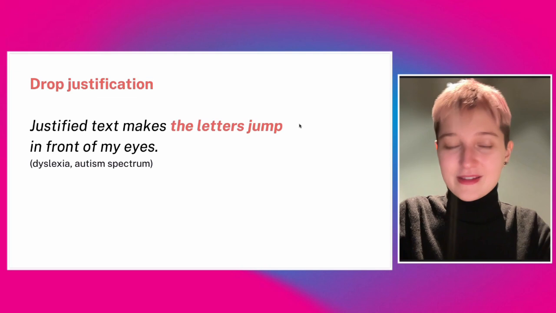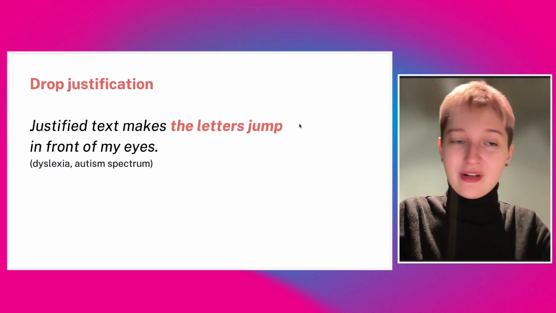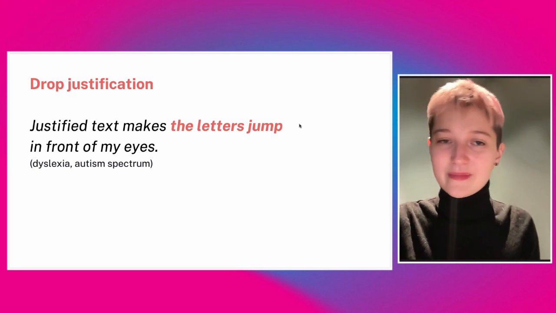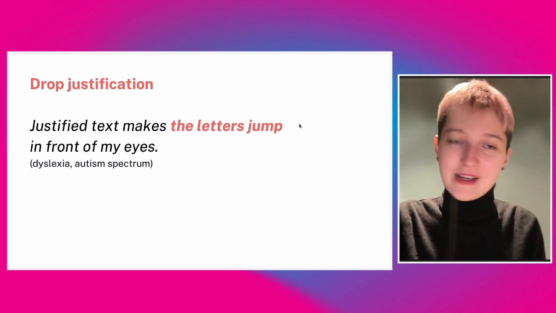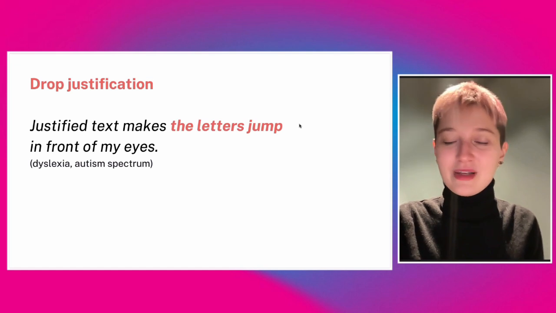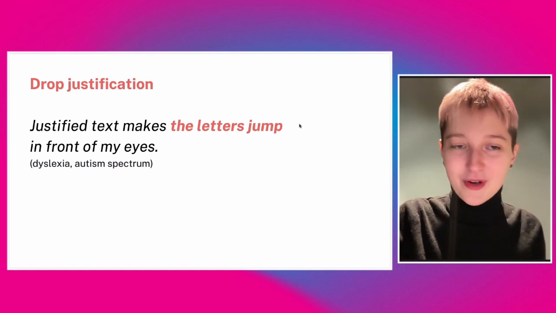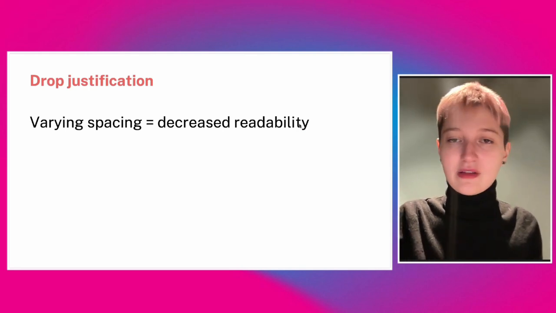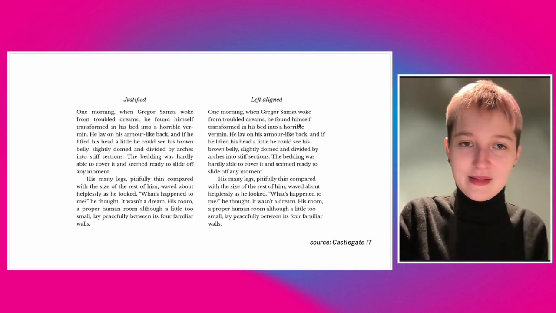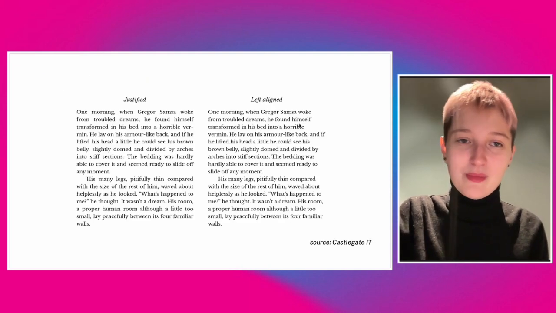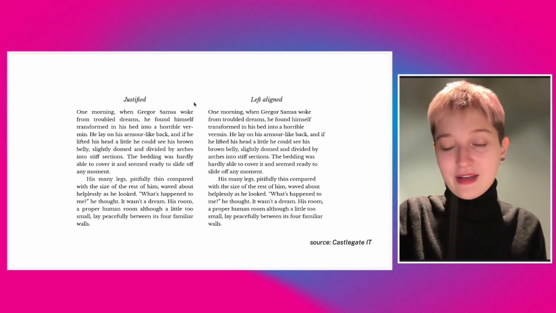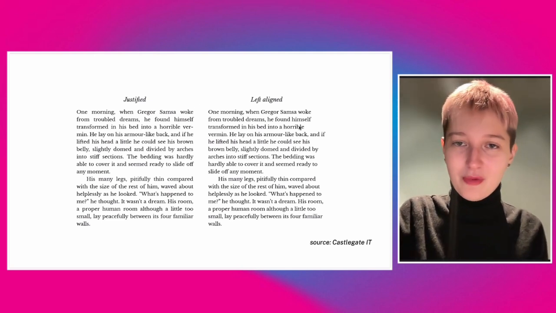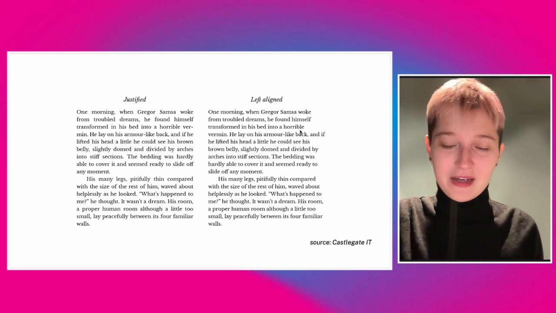very strong preference for dropping justification, especially among people with dyslexia, but this also applies to people on the autism spectrum. People say openly that justified text makes the letters jump in front of their eyes, and it's easy to see that when we have varying spaces, the readability is decreased, like in this example, where it's much harder to scan the text in the example on the left than the one here on the right.